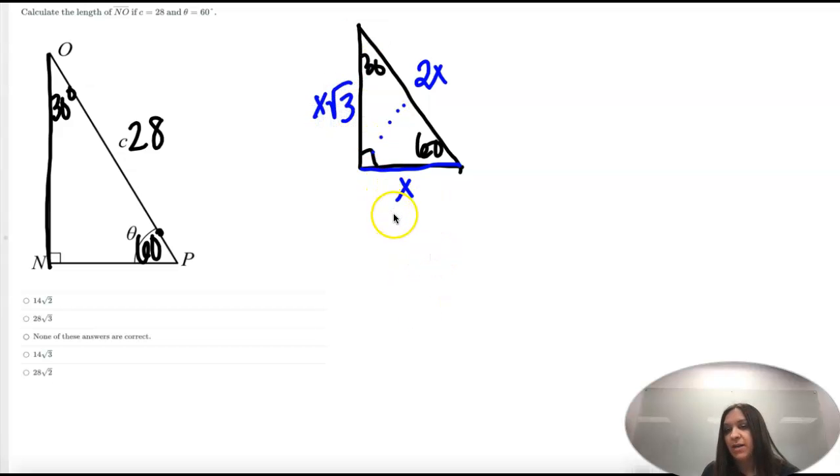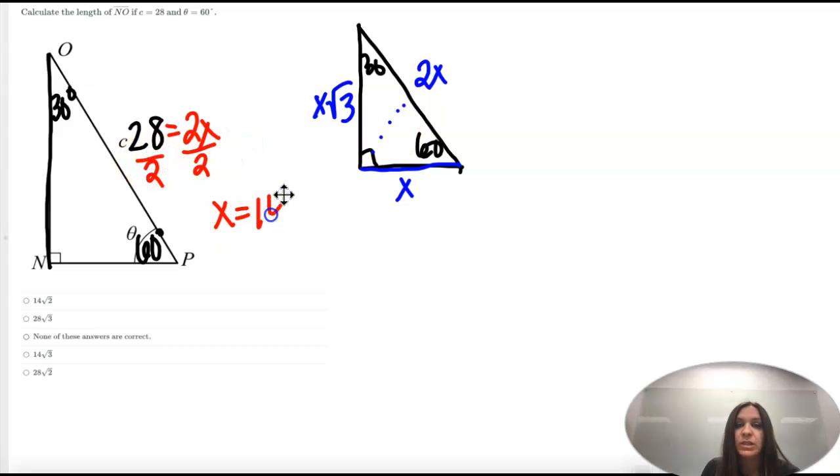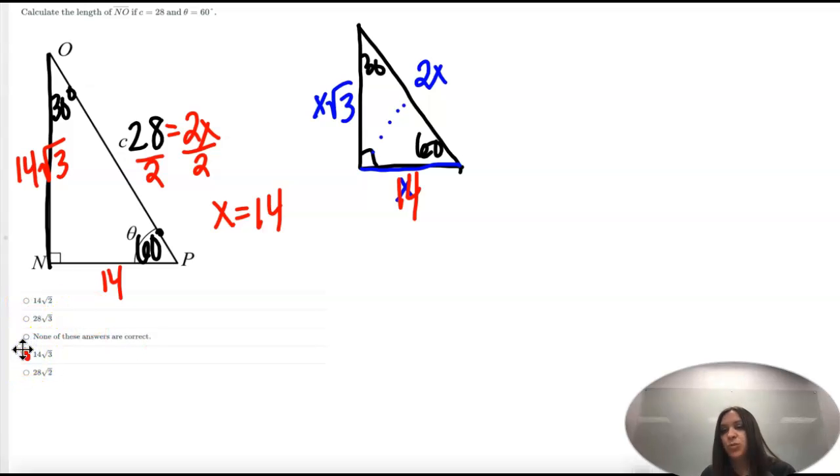So which side do we have? We have the hypotenuse, so I'm going to set that equal to 2x and solve for x. So x is 14, that's this side, and then we take that value times the square root of 3 to get NO. Okay, so 14 square roots of 3. We're done on that one. We just needed the side length.